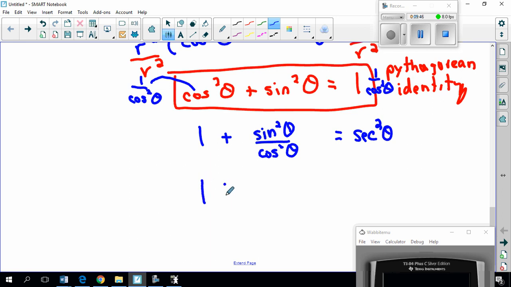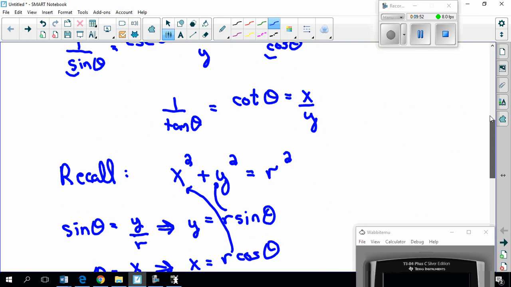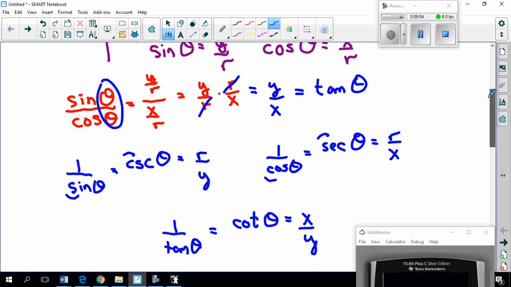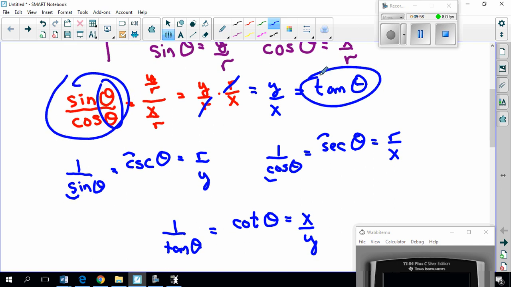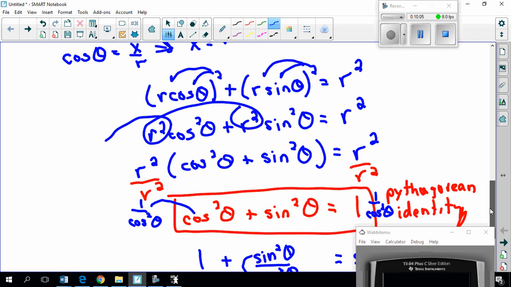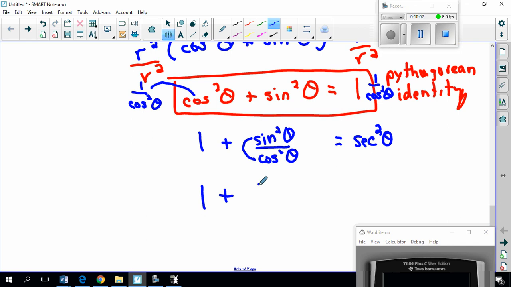And so you get 1 plus, but you remember it's sine over cosine, we just learned it a second ago. Sine over cosine is tangent. Granted tangent's y over x, but tangent's also sine over cosine. So we get tangent theta, but it happened twice.